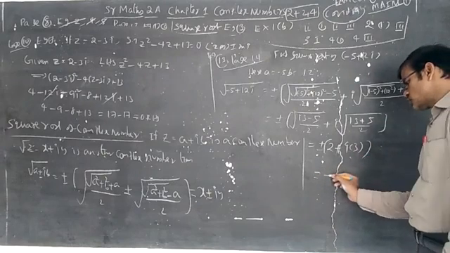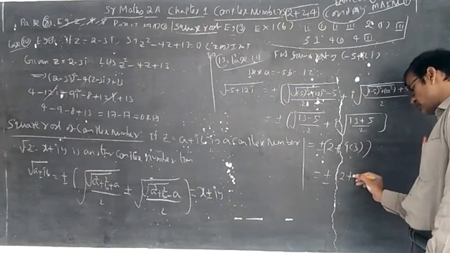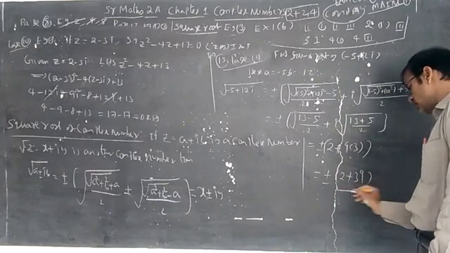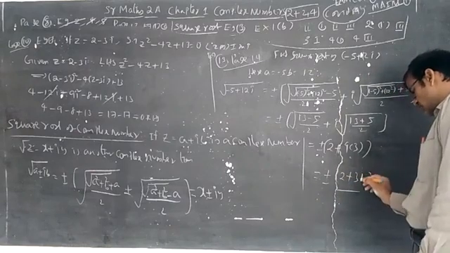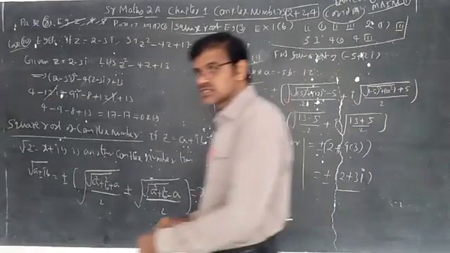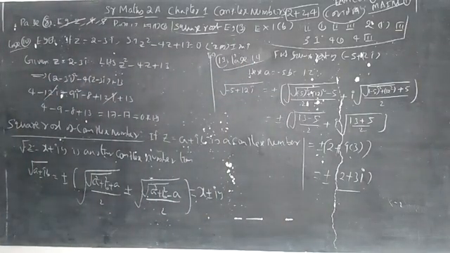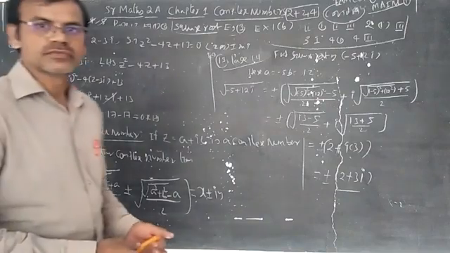That's all. So the square root of the given complex number we got as plus or minus 2 plus 3i. This is the simple method to calculate the square root of the given complex number.